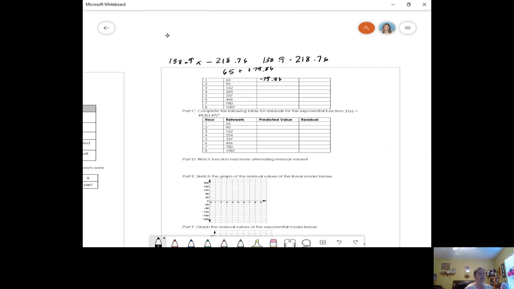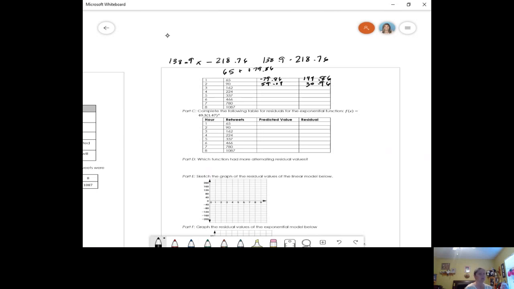If we add those together, we get 144.86. Then substitute in 2, and after subtracting we get 30.96.